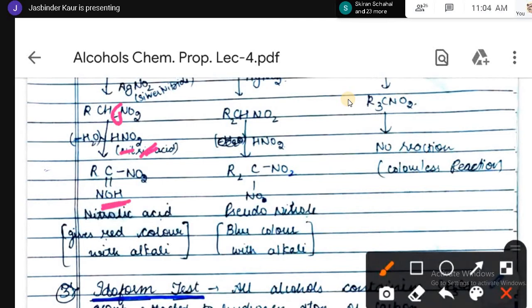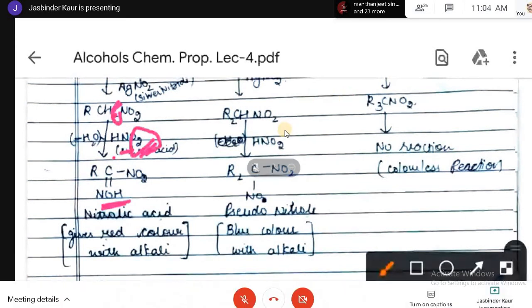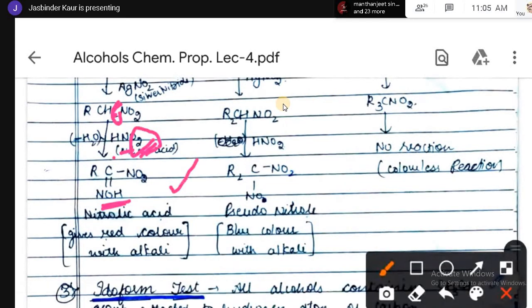Hydrogen from the central carbon and oxygen from this nitrous acid, and we get RC double bond NOH NO2. That is nitrolic acid with red color in alkaline solution.